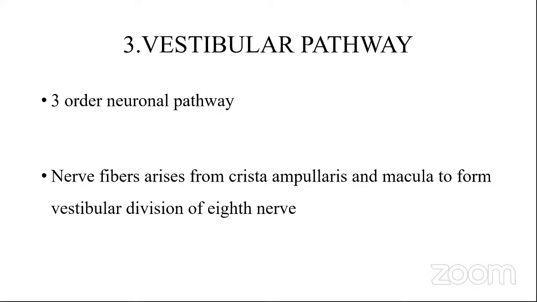So gravitational pull is dictated by the saccule and the linear acceleration in the horizontal axis is dictated by the utricle. This is because of the direction of the hair cells and position of the otolithic membrane. So that is about the stimulation of the hair cells in the vestibular apparatus.